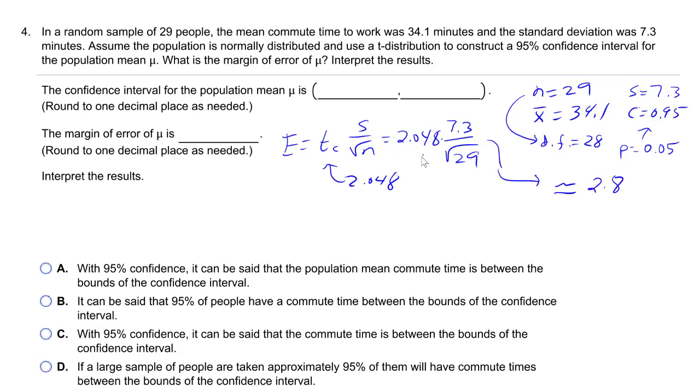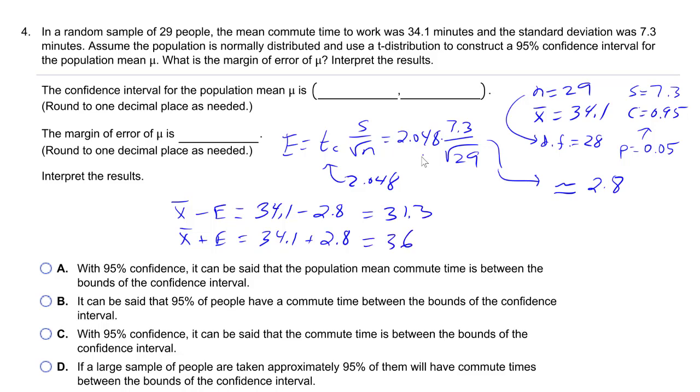So then we're going to take that 2.8, and we're going to take x bar minus E, x bar plus E. So we have 34.1 minus 2.8 and 34.1 plus 2.8, giving us 31.3 and 36.9, and that's our interval.